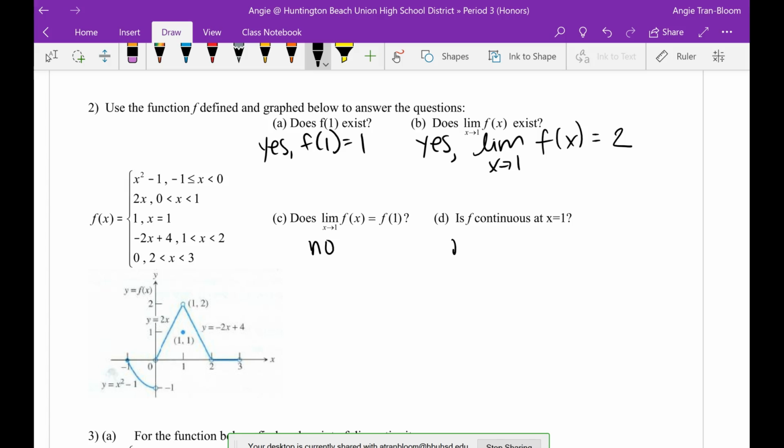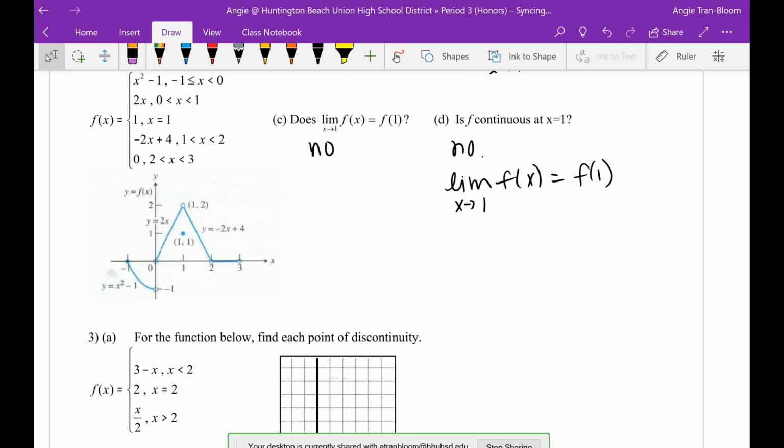It's not continuous. Okay. Guys, for a function to be continuous at a value of c, the limit has to equal it. So the limit at 1 has to be the same as its value at 1. Is this true? Is the limit at 1 the same as the value at 1? No. And also, look at the graph.